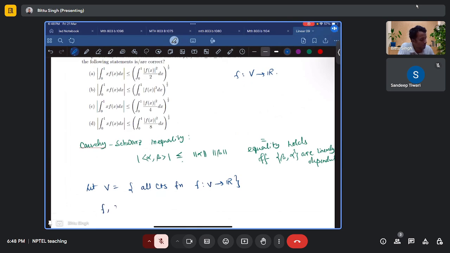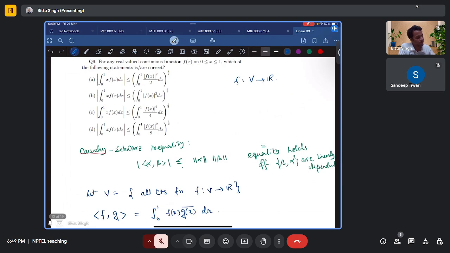Suppose f and g are two functions, then define their inner product as the integral from 0 to 1 of f(x) times g bar of x dx. Here bar means actually the same because the entries are real, but for the complex case we define it as f(x) times g bar x.